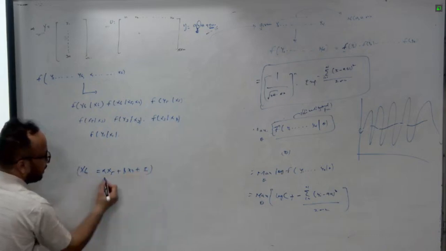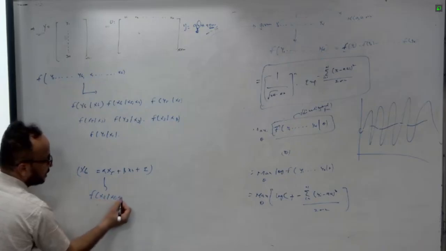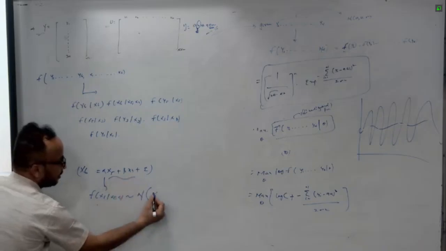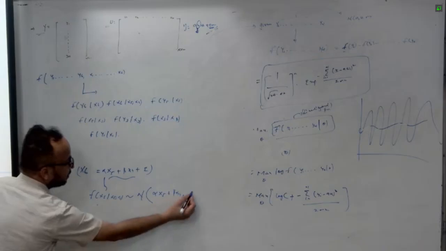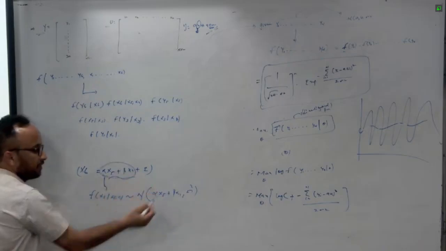So if I write it in density function form, x6 given x5 and x4 follows a Gaussian distribution with mean alpha x5 plus beta x4, and variance sigma square. Just take the expectation of it, you will get the mean and the variance of it.